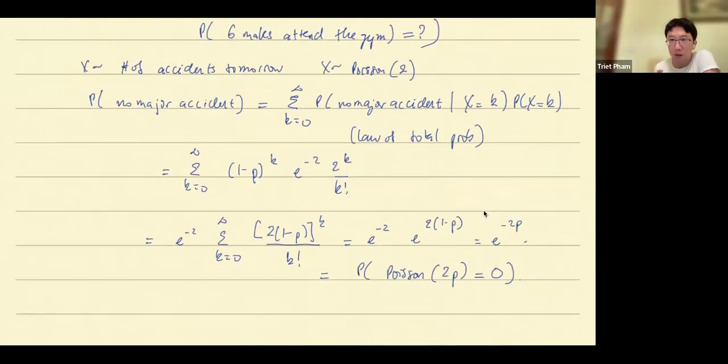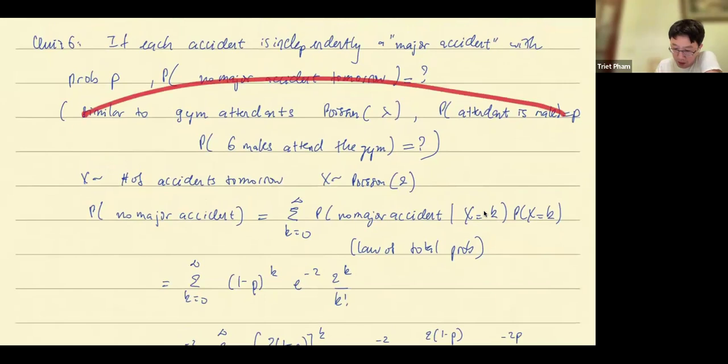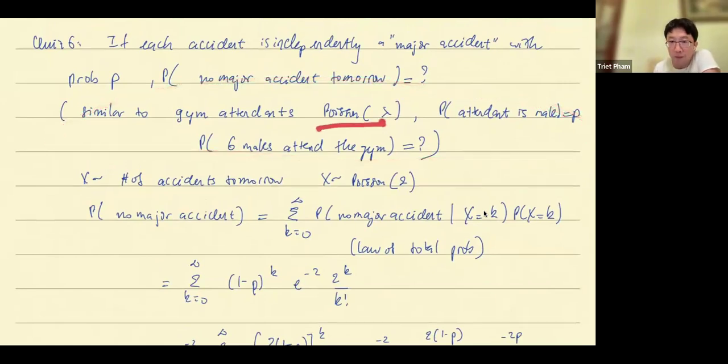And this is not a coincidence. This refers to my general example for you, where you have Poisson arrivals, and each arrival is independently of a certain type. Then the number of arrivals of that type is actually Poisson with rate lambda times p.